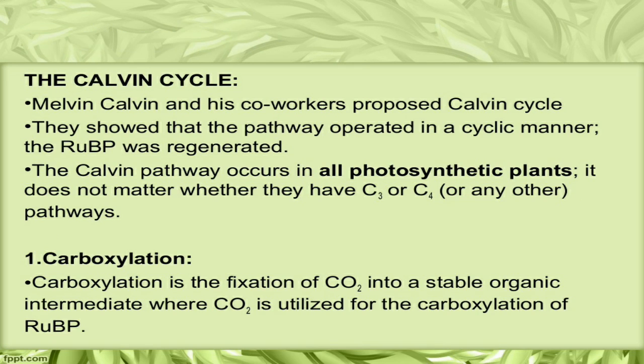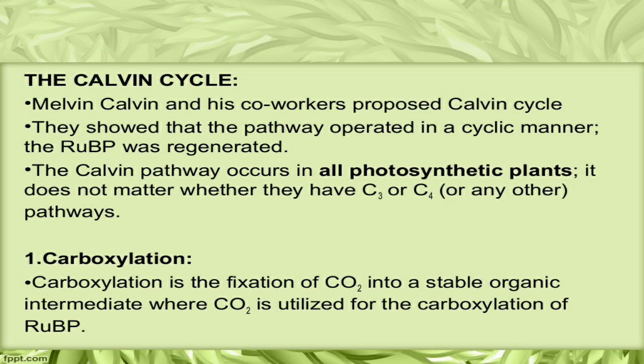Melvin Calvin and his co-workers proposed the Calvin cycle. They showed that the pathway operated in a cyclic manner. The RUBP was regenerated. The Calvin pathway occurs in all the photosynthetic plants. It does not matter whether they have C3 or C4 pathway.